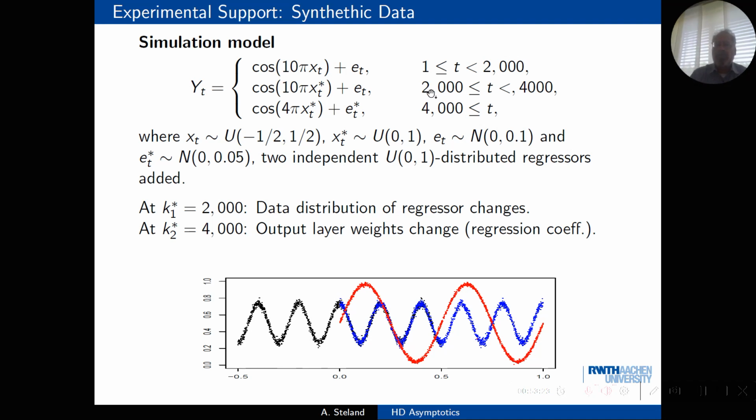Then between 2000 and 4000, so at 2000 is the first change point where the data distribution changes. This is implemented by change of the regressor variable, which has now a different distribution.